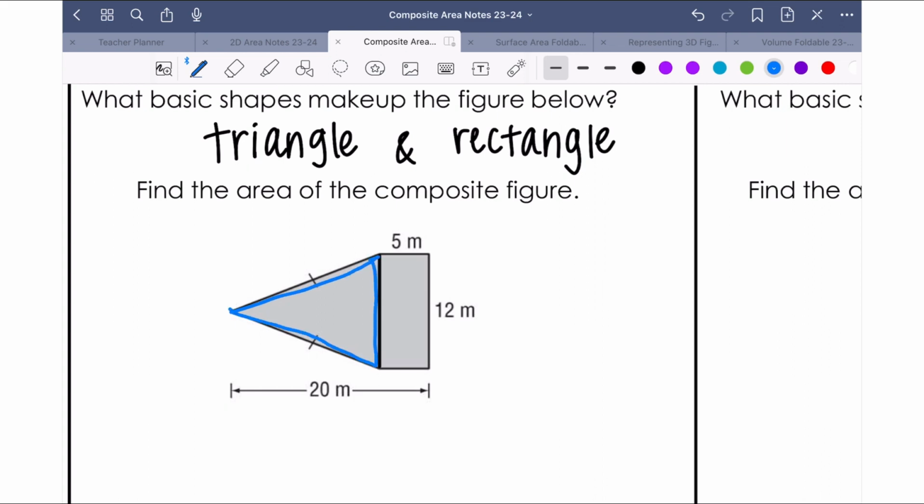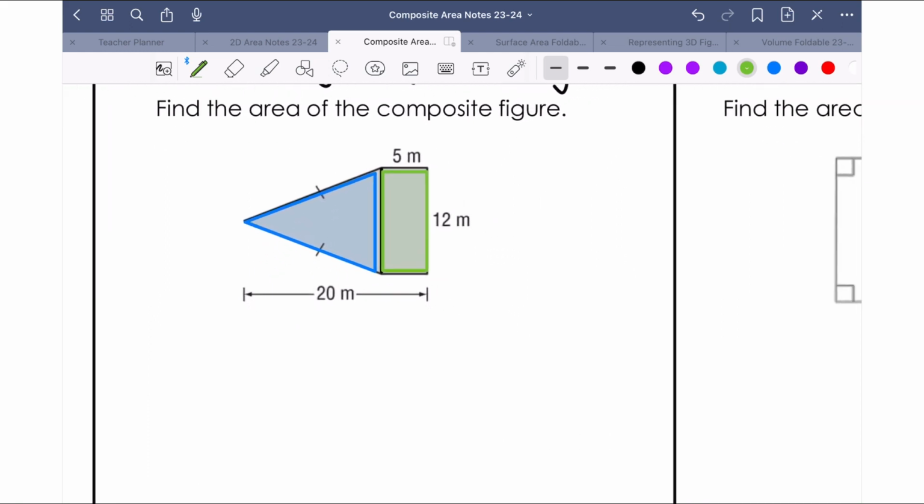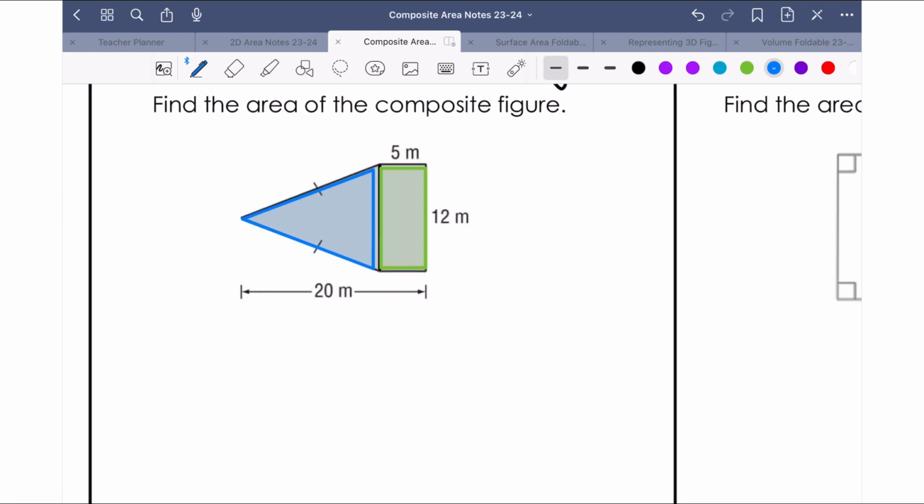Here's this triangle. And what's going to help you, other than separating them, is to draw each one separately as well, and then just do one at a time, and we'll move on from there. So here's the triangle. The area of a triangle is equal to 1/2 base times height, okay?